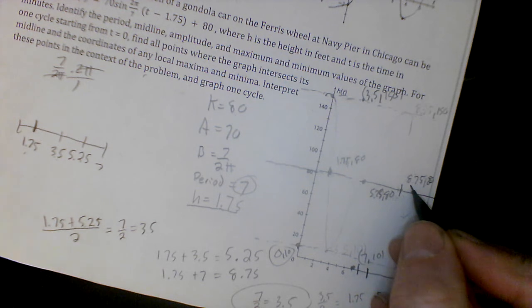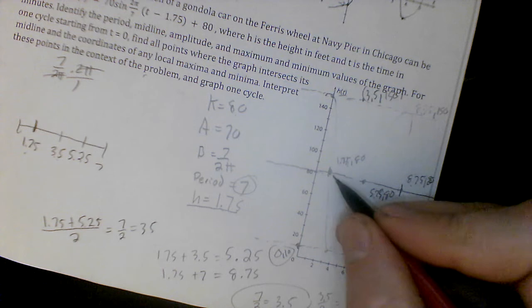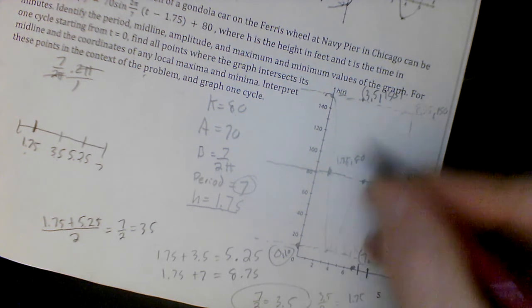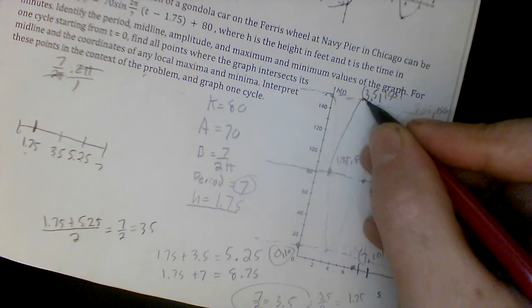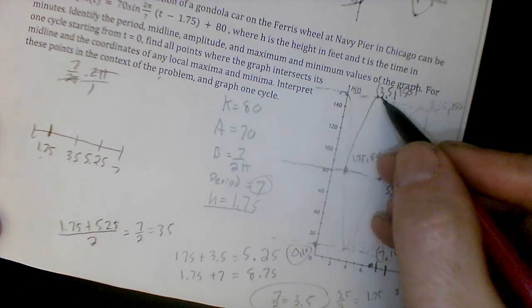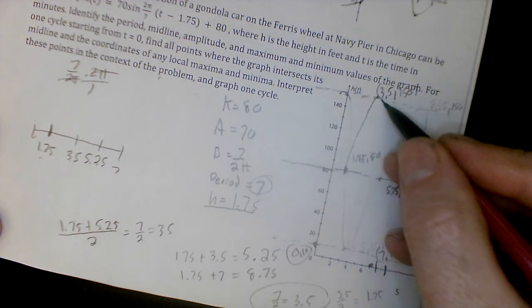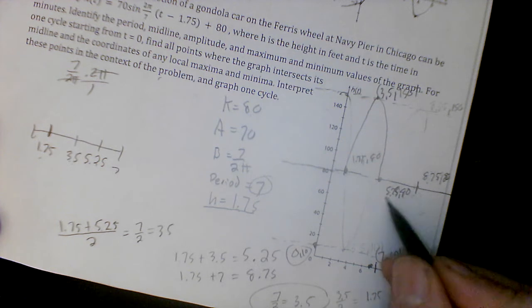And then I just started doing what we normally do, right? So after a quartile, which would be this plus 1.75, that's 3.5, I reached the top. Again, that's just a fourth of a period that I'm doing. Add 1.75 back to this, I get 5.25 right here, and I reach the middle again.